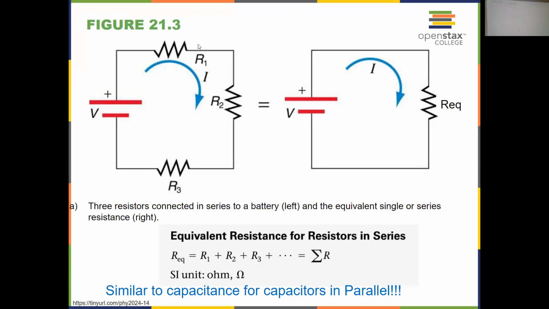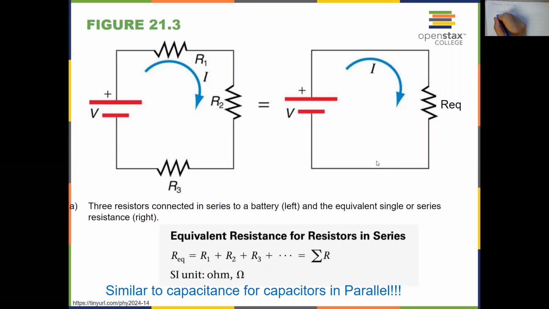They share the same current, so the voltage across each of the resistors, V1 plus V2 plus V3, should be equal to the voltage that the battery can supply.